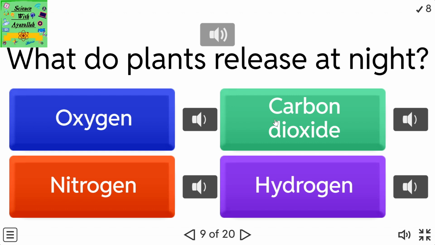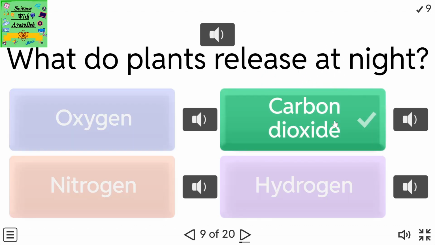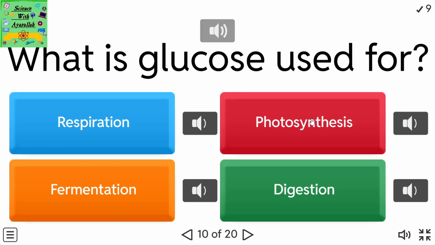What do plants release at night? Oxygen. Nitrogen. Hydrogen. Carbon dioxide. What is glucose used for? Respiration. Fermentation.